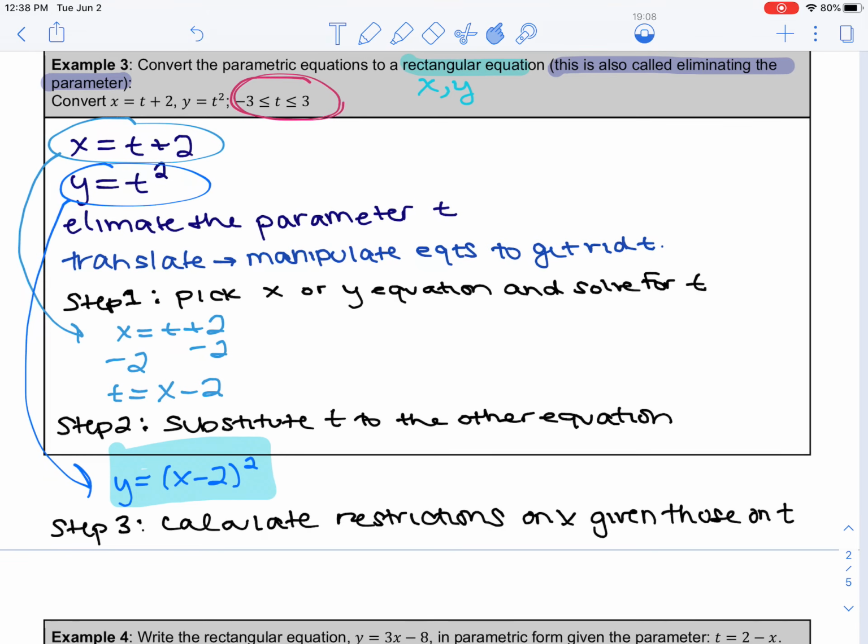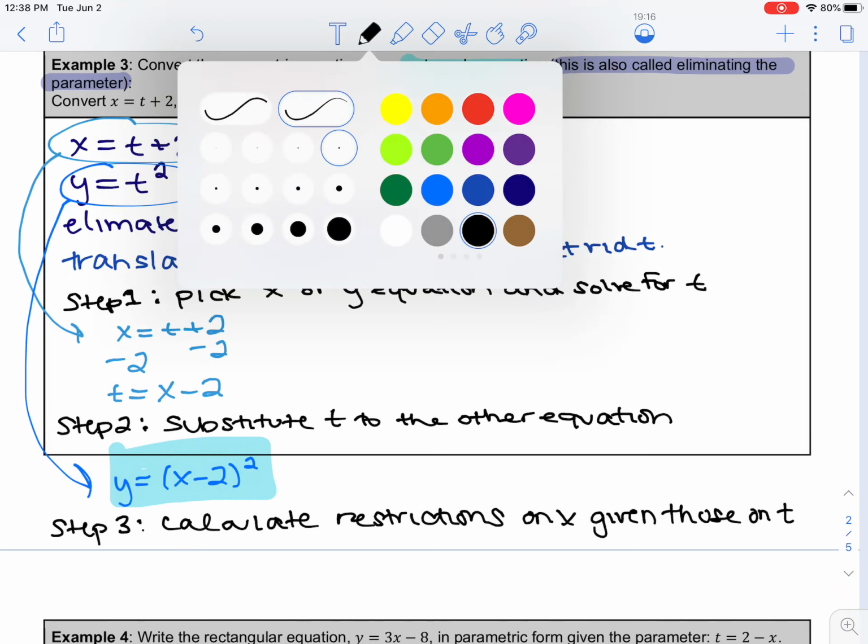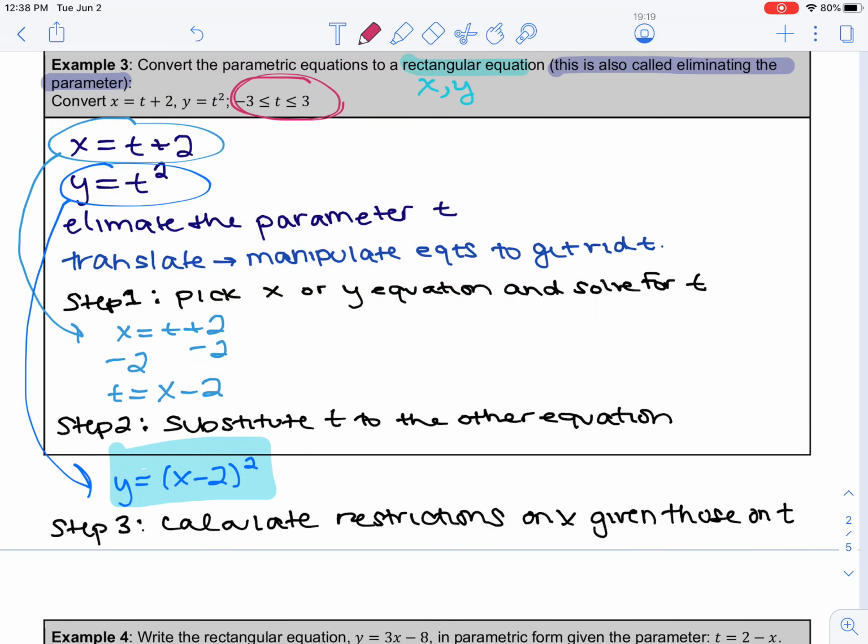So if you'll notice, I'm going to look at my bounds on t. We know that one of our bounds is t equals -3. We need to decide what is x. We can do that by utilizing our equation up here, t equals x minus 2. Actually, it would maybe be more straightforward to use our x of t equation, what we were given in the first place, right?